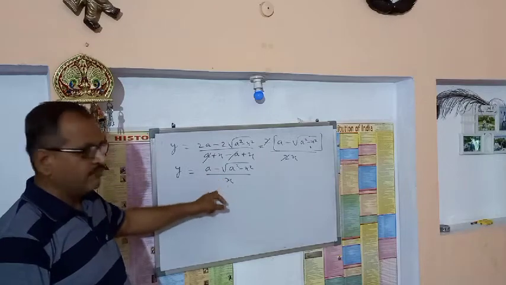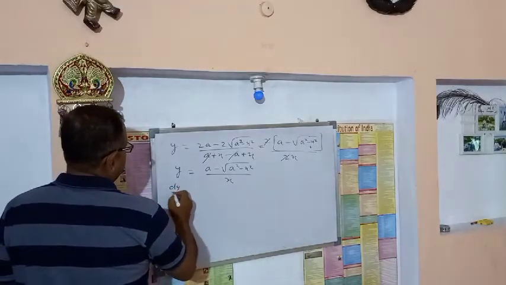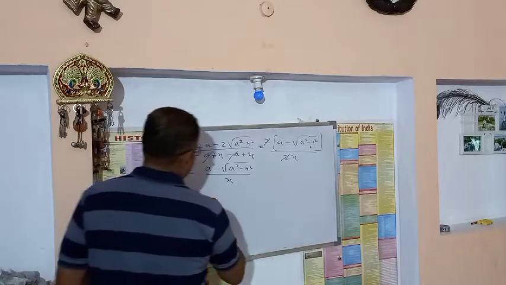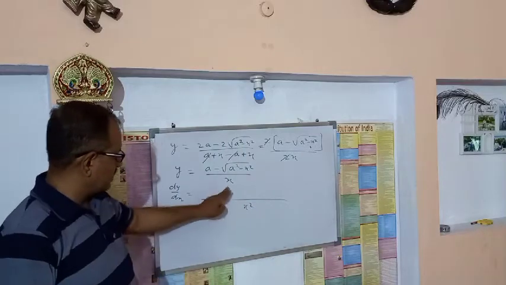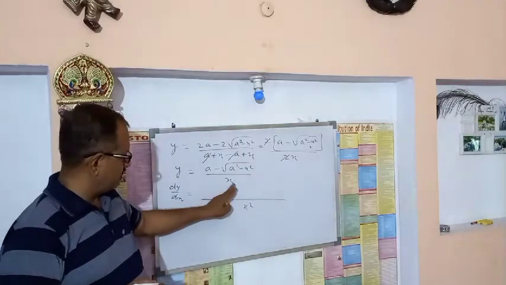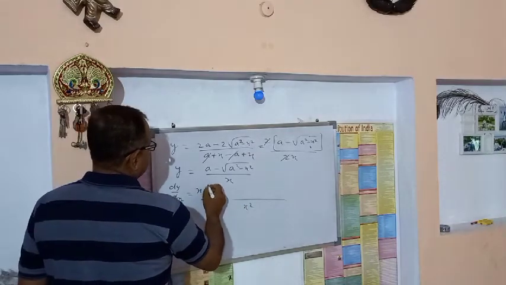Using the quotient rule, we can differentiate. Right, dy by dx is equal to, what is the quotient rule? Square of denominator. Denominator is x, so x square.